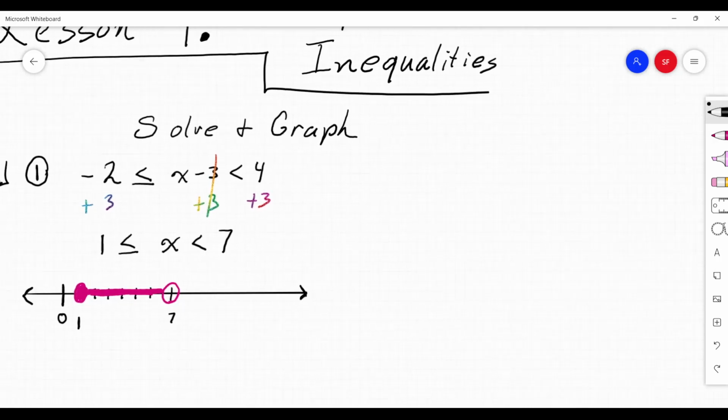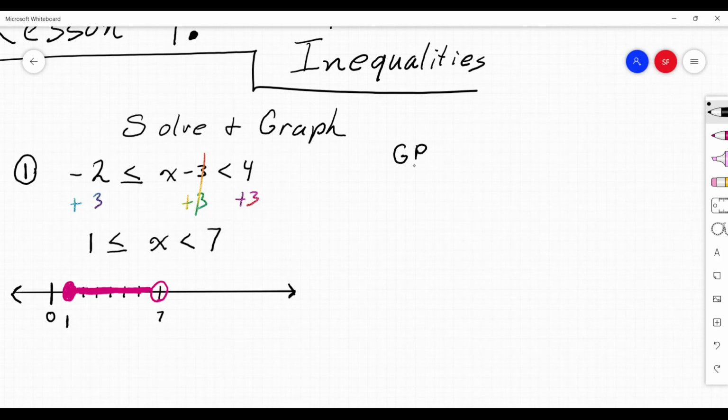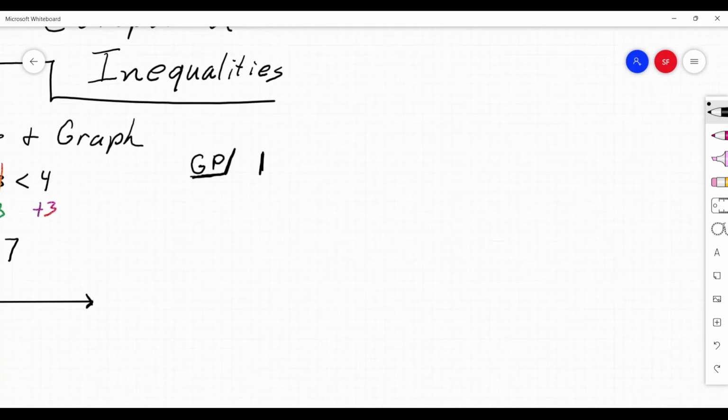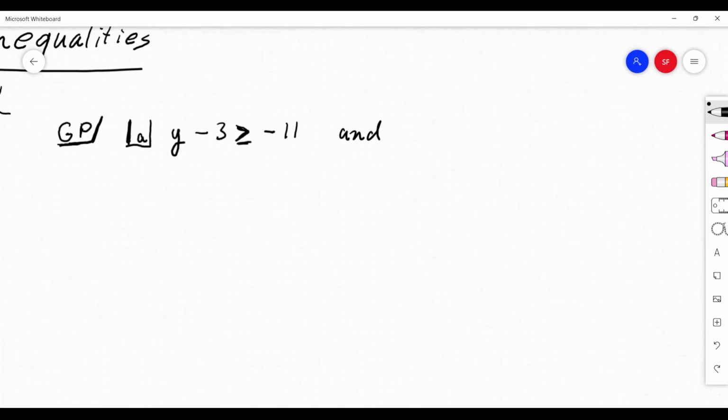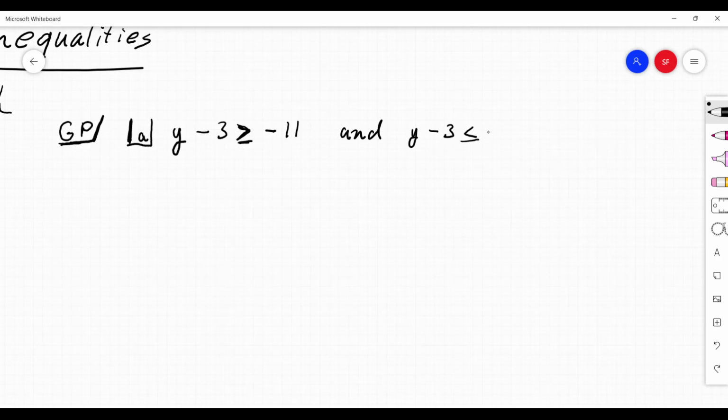All right, let's give you two GPs. GP 1A: y minus 3 is greater than or equal to negative 11, and y minus 3 is less than or equal to negative 8.